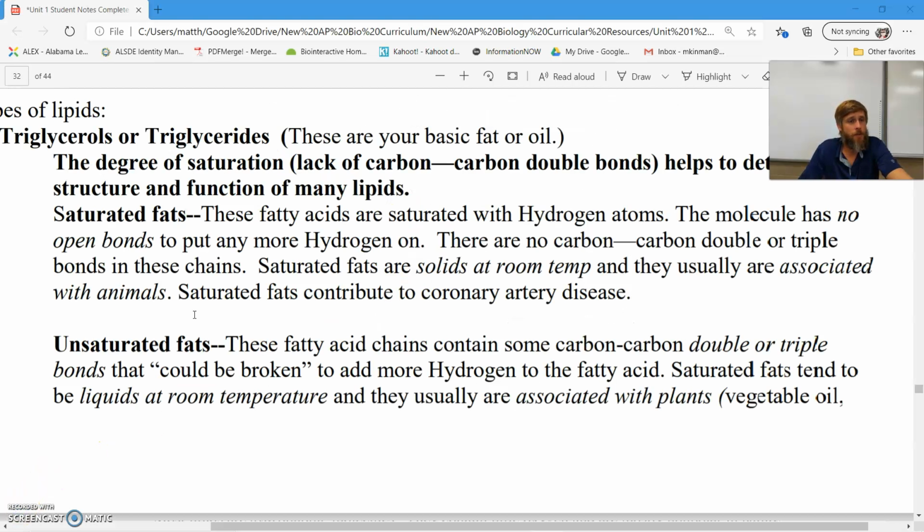All right, so the last thing I want to talk about for this video is saturation. So here in your notes, it says the degree of saturation, the lack of carbon-carbon double bonds, helps to determine the structure and function of many lipids. So when you think of saturation, think of your shirt. When it's raining very heavily outside and you get your shirt soaked, totally soaked, to the point where it cannot hold any more water, it is fully saturated.